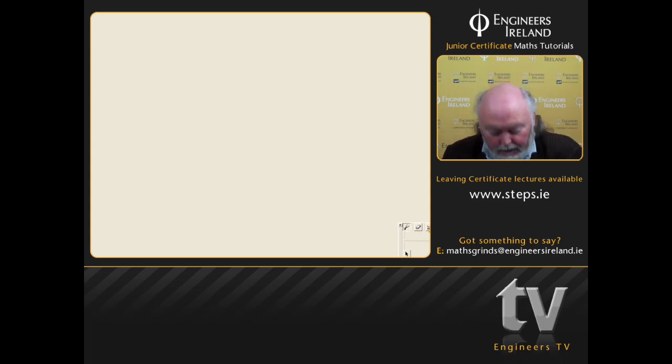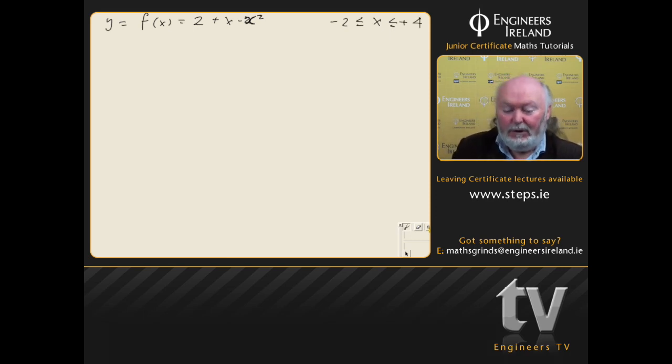In general, you're expected to be systematic in how you come up with your graph. If they say to you that they want you to deal with y, the other name for this function, and we're asked to look at it in the range from minus 2 less than or equal to x less than or equal to plus 4, normally what you're supposed to do here is set up a table.